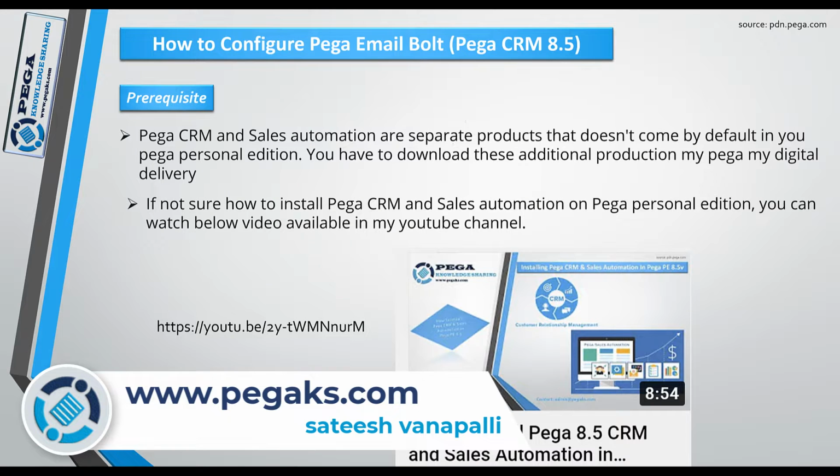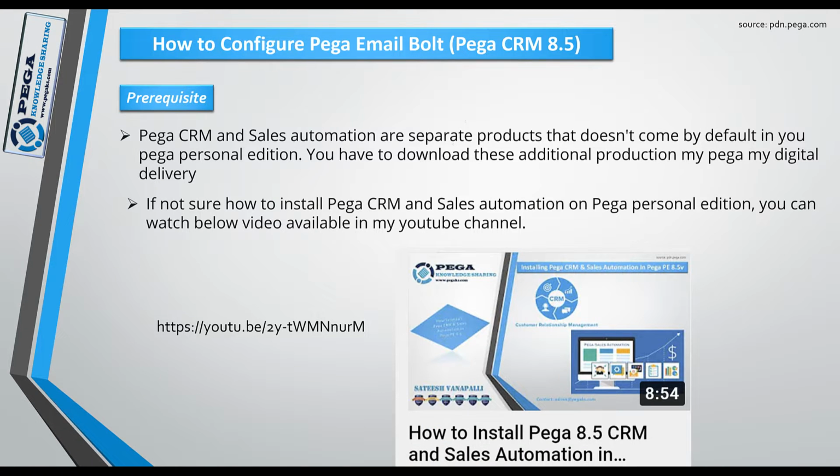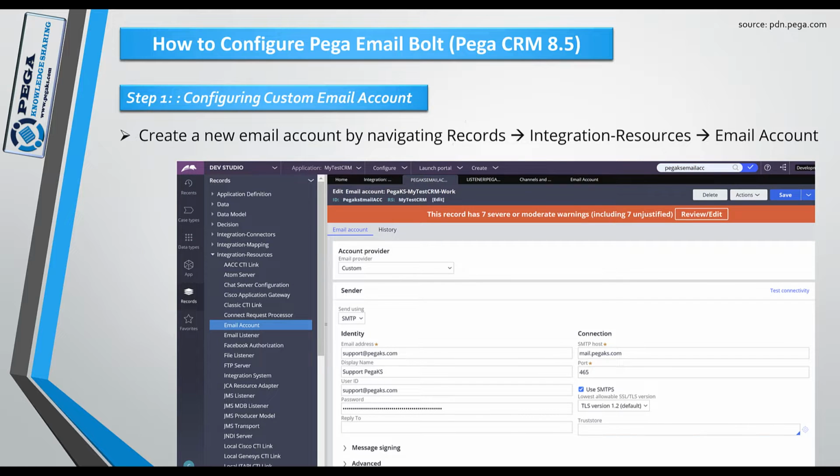In order to configure a new Pega email bot on your CRM application, you have to install this CRM application product into your personal edition. If you are not sure how to install the CRM and sales automation application on your personal edition, you can watch the below video that is available on my channel. Let's proceed to step 1.